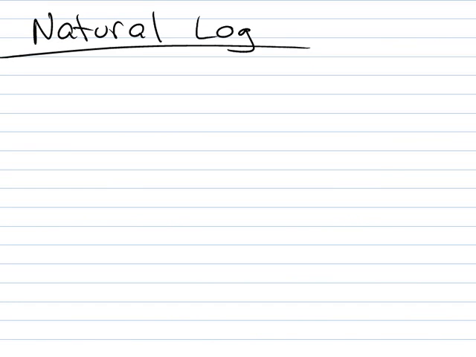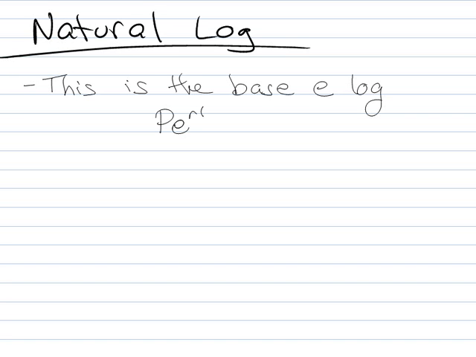Now the other log that we talked about is the natural log. And the natural log, natural because it occurs in nature, isn't that clever? This is the base e log. So we saw e when we were talking about compound interest, compounded continuously. e occurs all over nature.